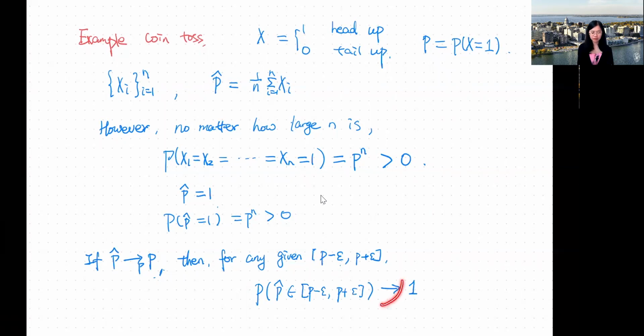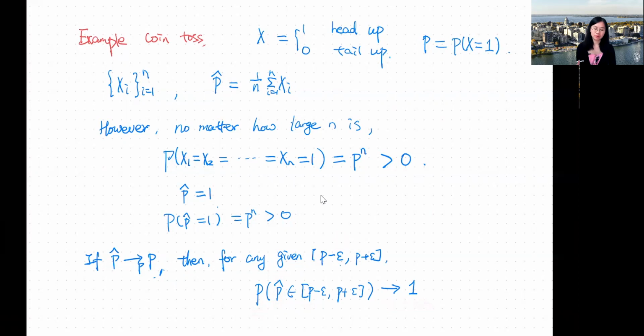This convergence is the standard calculus convergence, because this sequence is a probability, it's non-random. So converging in probability to p means that the probability that p hat is close to p, judged by this epsilon tolerance, gets larger and larger.